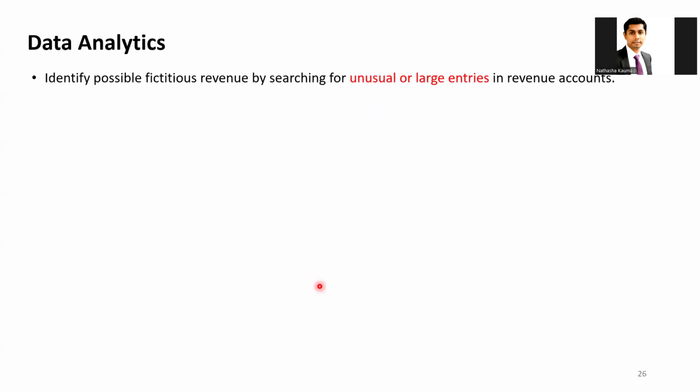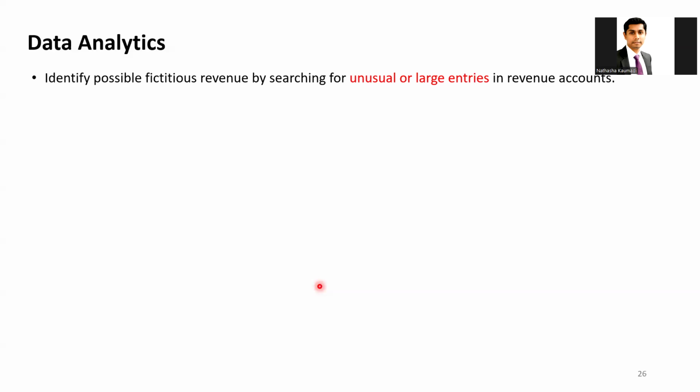Now, data analytics in the sense when we were talking about tests of details and substantive analytical procedures, basically, we can use data analytics, AI, machine learning, trend analysis, all these new IT developments when it comes to SAPs, because it is very easy for us, especially with big data analytics, to understand the trends and to calculate expectations.